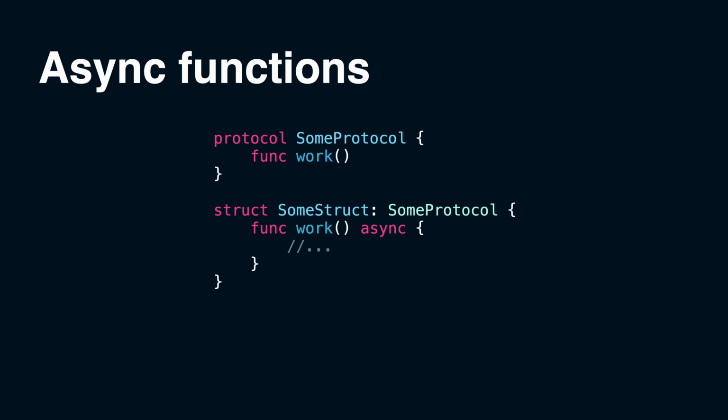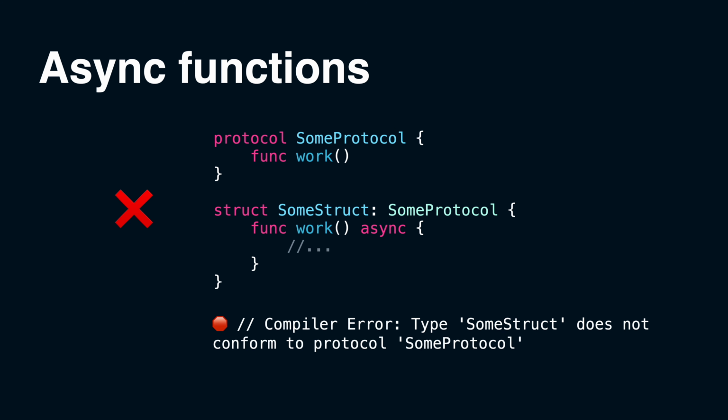Sync functions are expected to never suspend, so an async function does not meet these requirements. A sync method protocol requirement can't be implemented with an async method. That gives us the idea that conforming to a sync function is a stronger, stricter requirement than conforming to an async function. A sync function can work as an async function, but not the other way around.